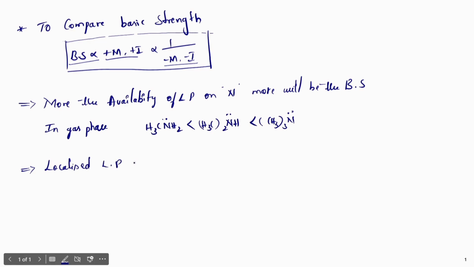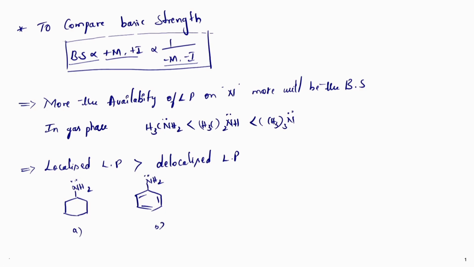Localized lone pair of electrons are more basic than delocalized lone pair. We will take an example. Here NH2, and here we have a benzene ring to which NH2 is attached. In both cases, nitrogen has a lone pair of electrons. In the first case, the lone pair of electrons is easily available because it is not involved in any conjugation.